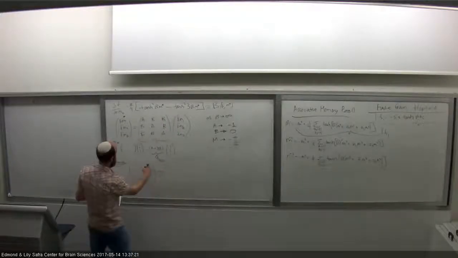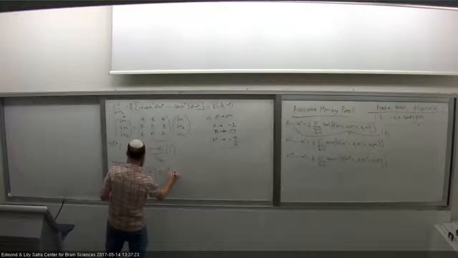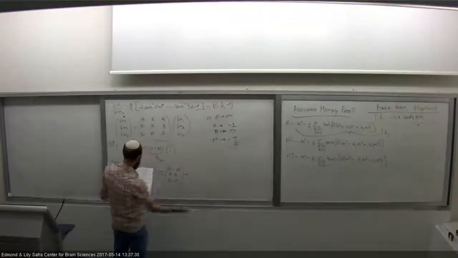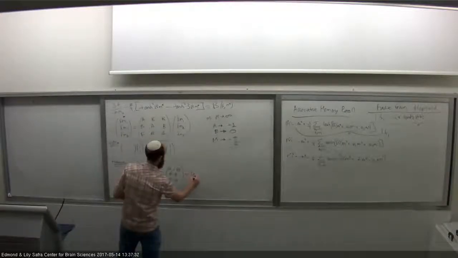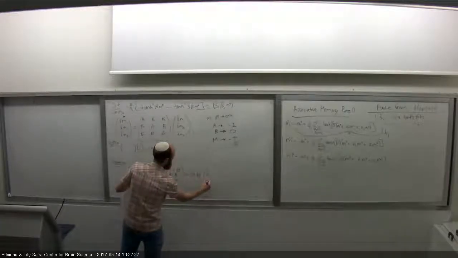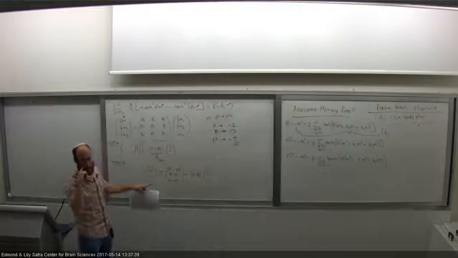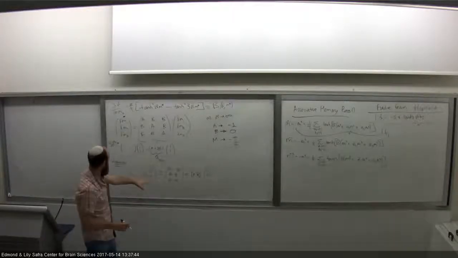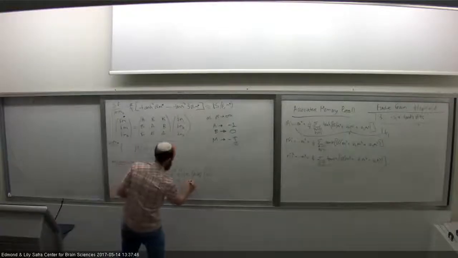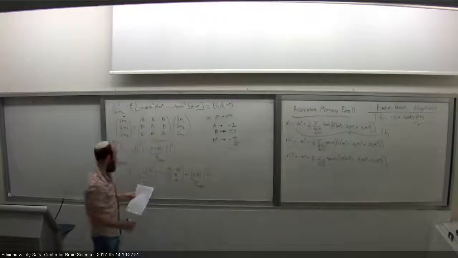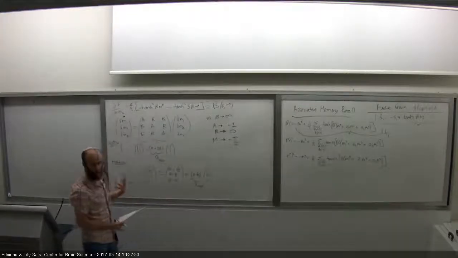And this one will give us, right, we multiply the rows across, we'll get A minus B in the first row, B minus B in the second row, B minus A in the third row, which we can see is A minus B times that same vector, 1, 0, minus 1. So this is, by an educated guess, a heterogeneous eigenvector with heterogeneous eigenvalue A minus B. Okay, that's 2.